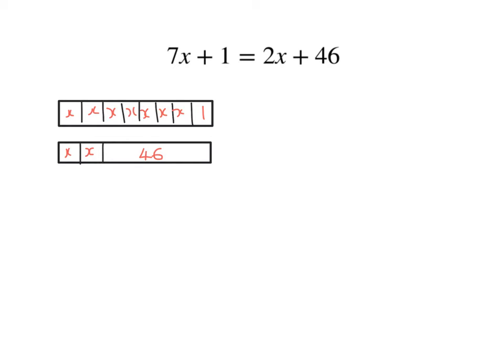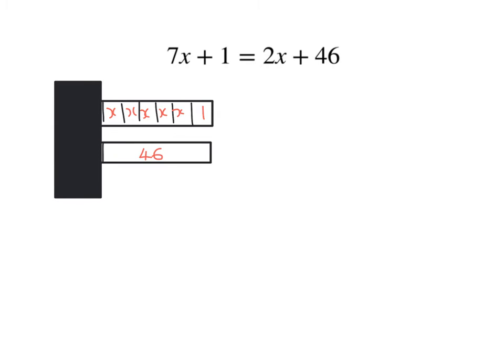So the first thing that I'm going to do is cover up what's the same for those. So these x's here, I'm just going to get rid of them, so I don't want to look at those at the moment, because now I can see quite clearly that all of this is 46, which means that just these is going to be 46 take away 1, which is 45.